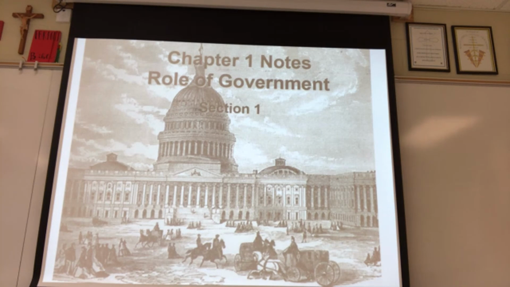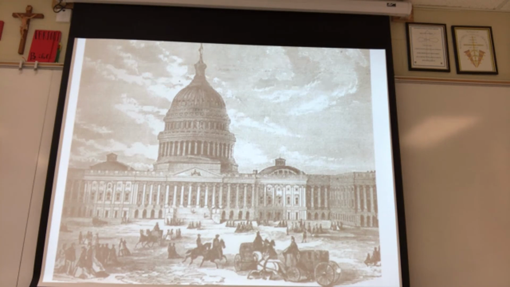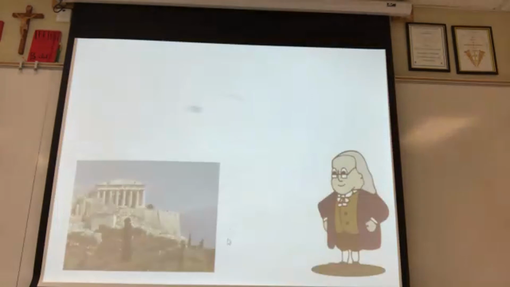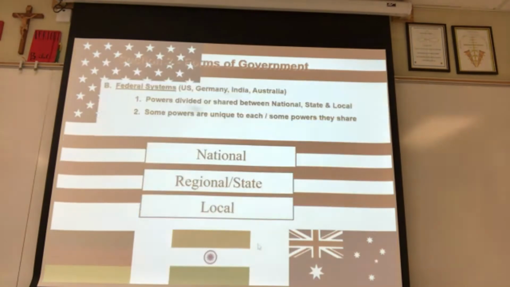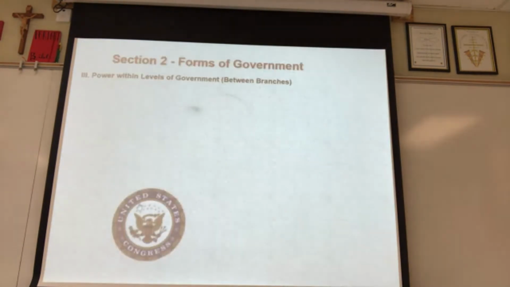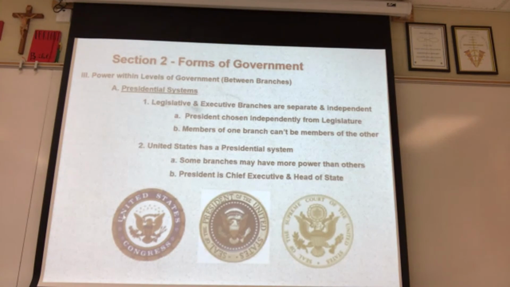All right, so starting with head of state. Okay, that's something we talked about yesterday at the end, when we were talking about presidential systems versus parliamentary systems. And so in a presidential system, the president is both chief executive and head of state.